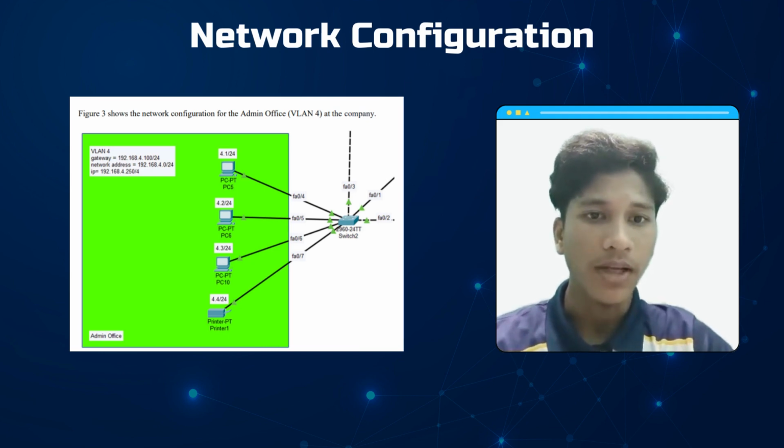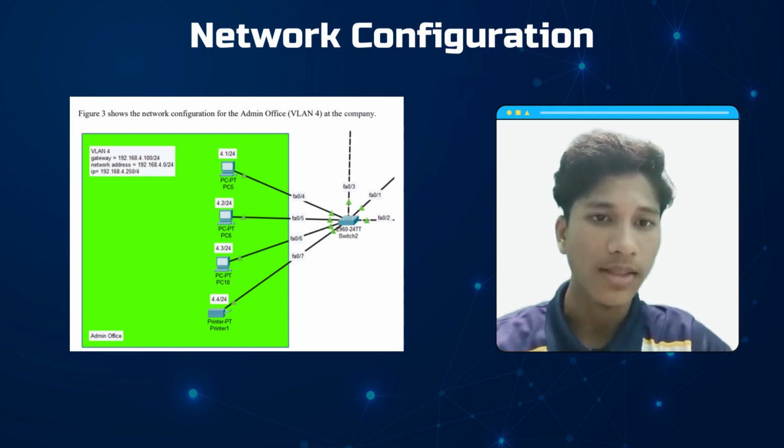The gateway for VLAN 4 was set at 192.168.4.100/24, with the network address as 192.168.4.0/24 and an IP address of 192.168.4.250/24.